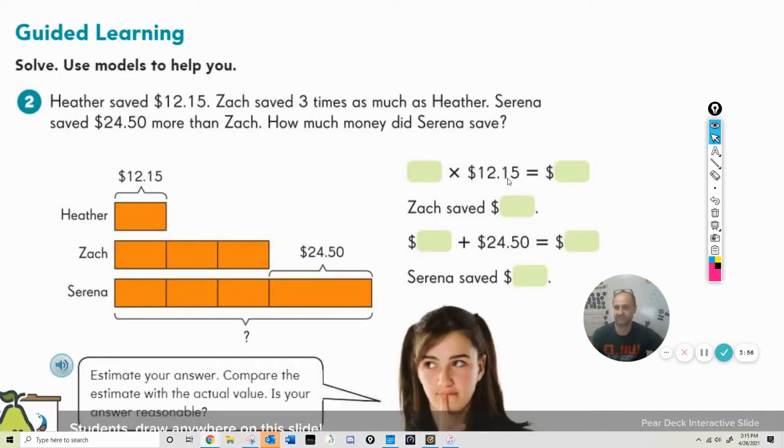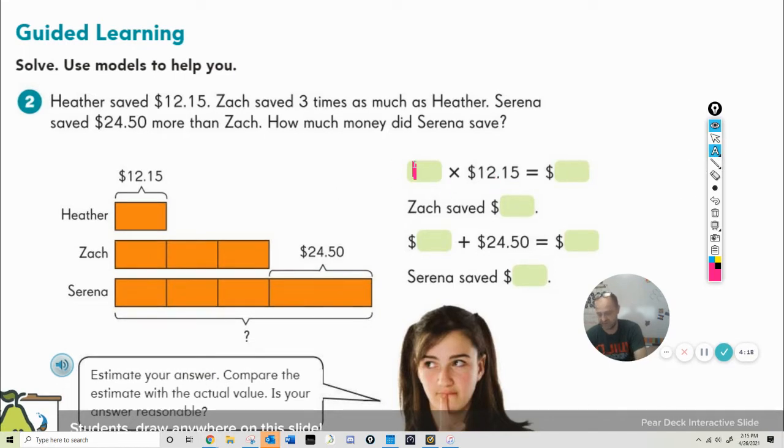Okay, let's see what Heather and Zach and Serena are up to. This one seems real. Heather saved $12.15, and Zach saved 3 times as much as Heather. Serena saved $24.50 more than Zach. So how much did Serena save? Well, Heather's $12.15. Zach is going to be 3 times that. So you're going to do 3 times 12.15, and you're going to get 36 and 4500ths.